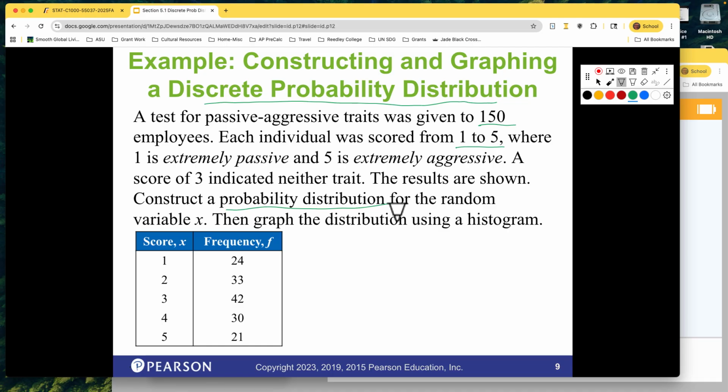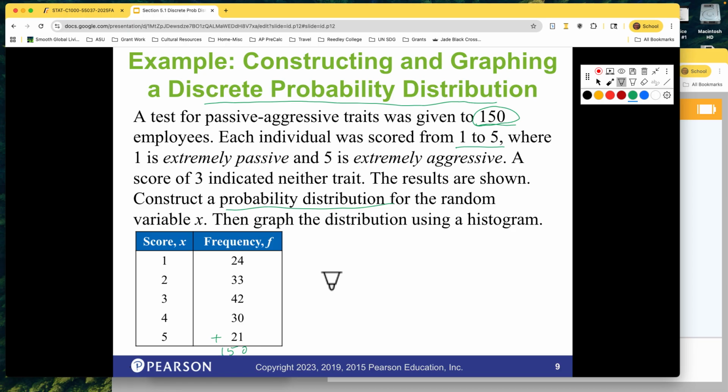What's a probability distribution? It is a relative frequency column. So all we need to do for this is, since we have 150, you could see these are going to add to 150 because they're all here, but they also total us up here, so we skip that step. Take their word for it, there's really 150. And so how do we get the relative frequency for each of these?